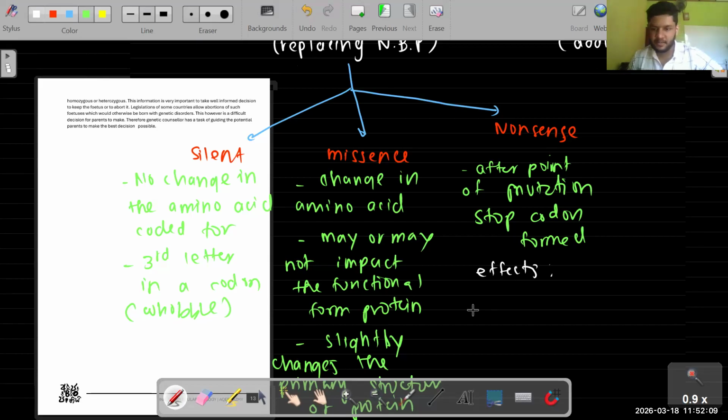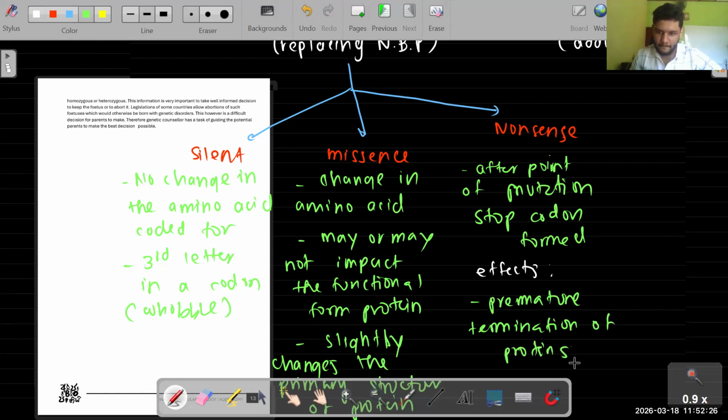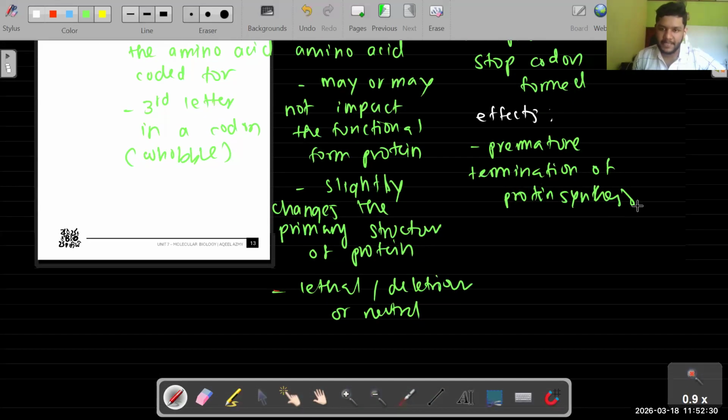If you ask effects, first one is premature termination of protein synthesis. Premature means before it matures. Which means before the protein synthesis completes, it terminates, right? Premature termination of protein synthesis.